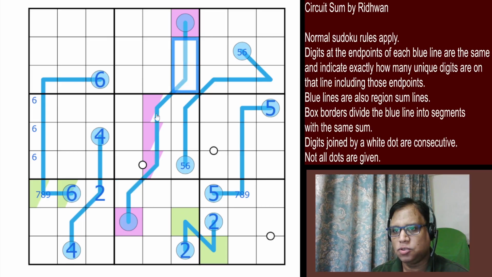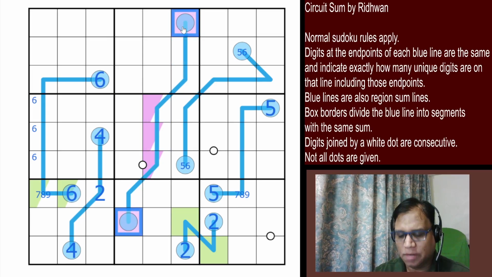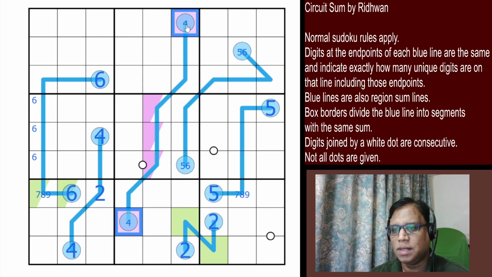Right, so if these two are same, that will be 3, 3 and 1, 4. So minimum these are 4 and maximum, what is the length of this line? 3, 3, 6, 2, 7. So 4, 5, 6, 7. Why did I say 4?